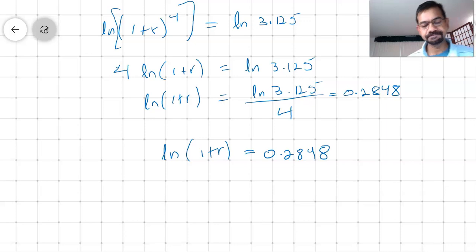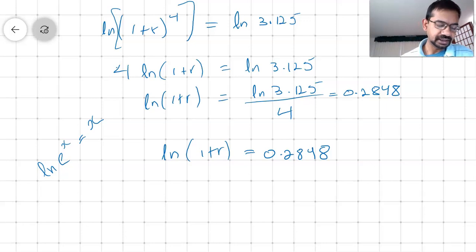Now we will go back and use our idea of exponential and log functions. Just like we said that if we take the log of e^x, we get x, we can also work in the opposite direction, and we can say that the exponent of log of x is simply x.